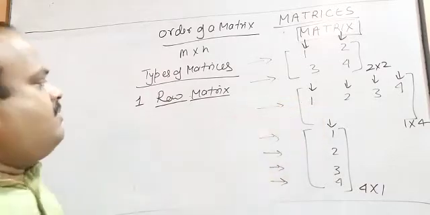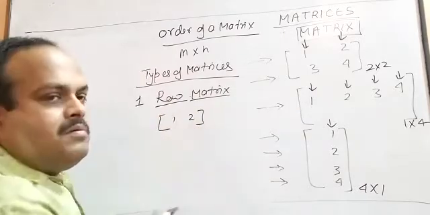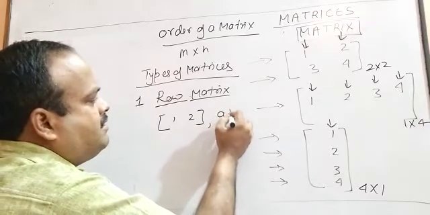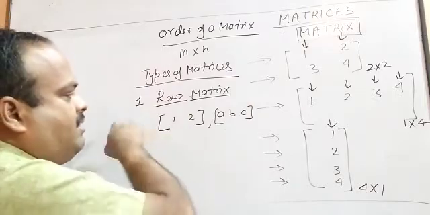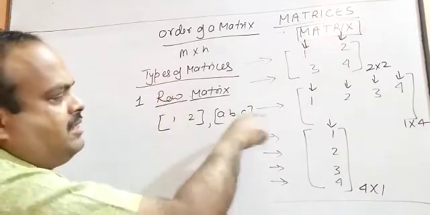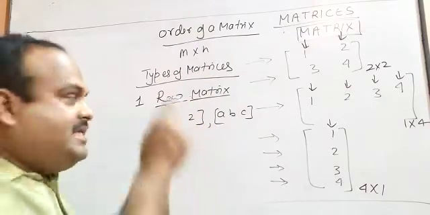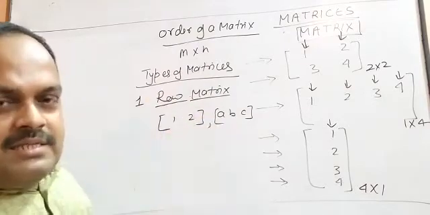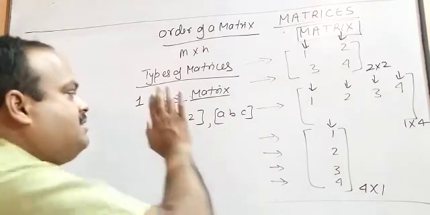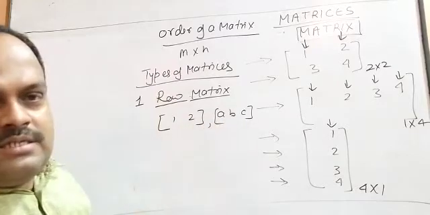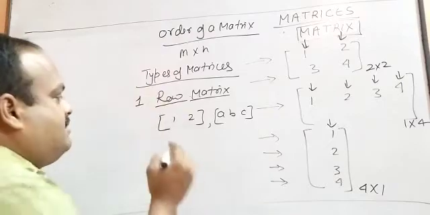It has only 1 row. Another example. Only 1 row, 2 columns, 1 row, 3 columns. The orders are different, but we see that in both the matrices, the number of rows is 1. Therefore, each of these 2 matrices is what? Row matrix. Now column matrix.